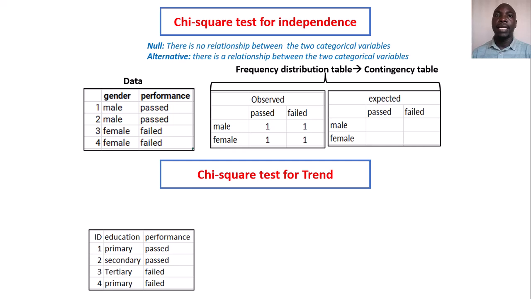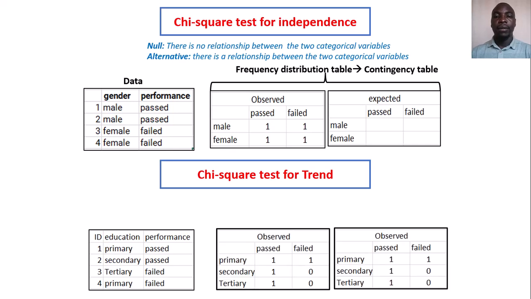We would expect that if the same examination is given to these 4 students having different levels of education, maybe those of secondary and tertiary would perform better than those of primary. We shall also have the observed cross tabulations and then the expected frequency.